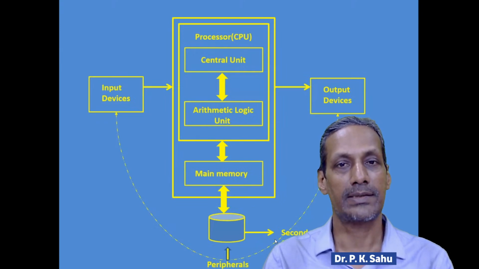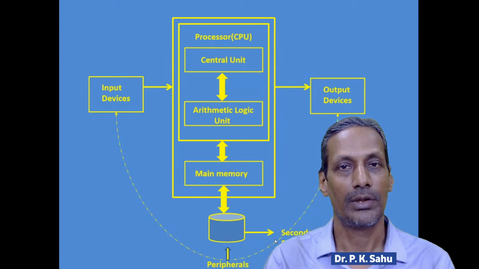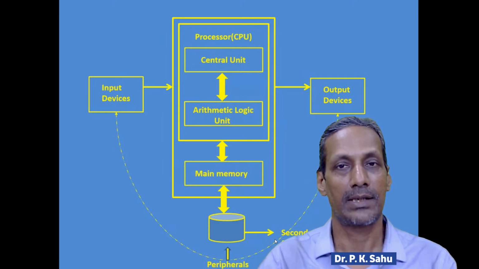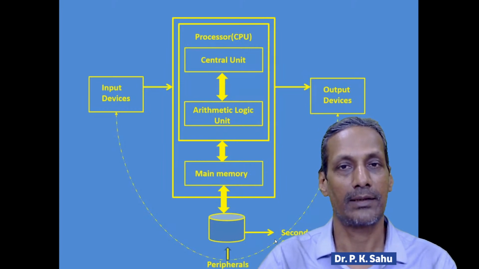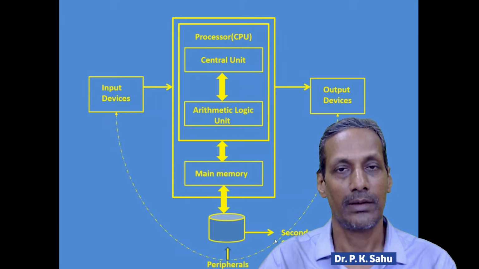This is a schematic diagram of how a computer works. This shows the main component, that is the central processing unit, along with its internal components like the control unit, the arithmetic logic unit, the main memory. But all of you should know that the CPU is not just made up of the ALU and control unit.